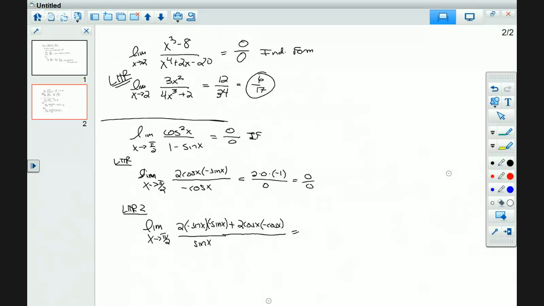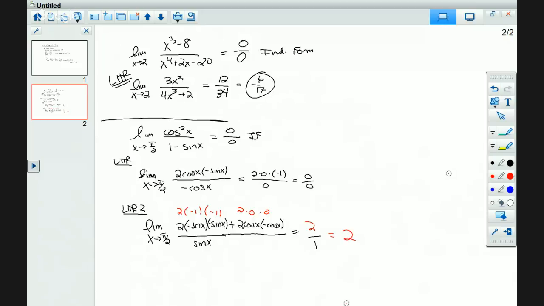Now if we plug and chug, we're going to get the bottom as 1. What's the top? Sine at pi over 2 is 1, right? And then, so 2.